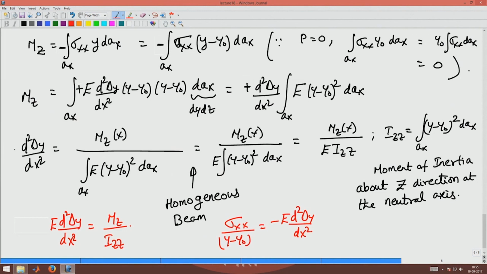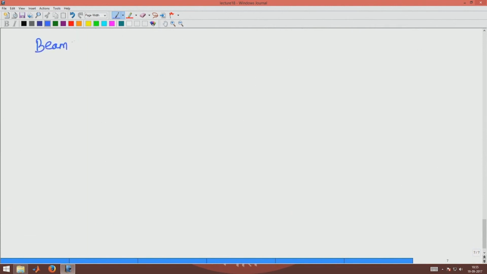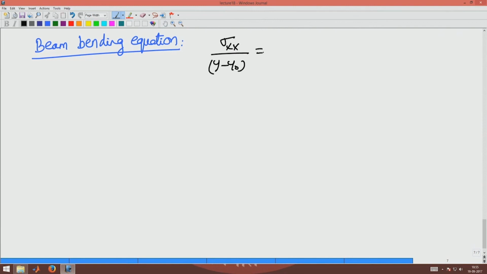So, combining these two equations, you get the beam bending equation, which is sigma xx by (y minus y naught) equal to Mz by Izz, equal to minus E into d square delta y by dx square.